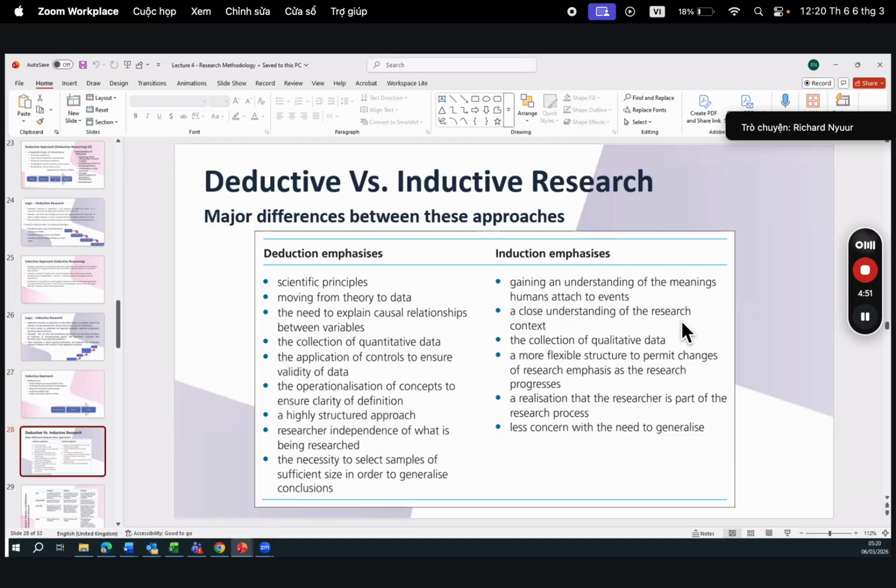So deductive emphasizes scientific principles, moving from theory to data. It focuses on the collection of quantitative data, and the application of controls to ensure validity of data, as I said. It focuses on operationalization of concepts to ensure clarity of definition. So for each concept or variable, you need to conceptualize it, operationalize it, and identify items.